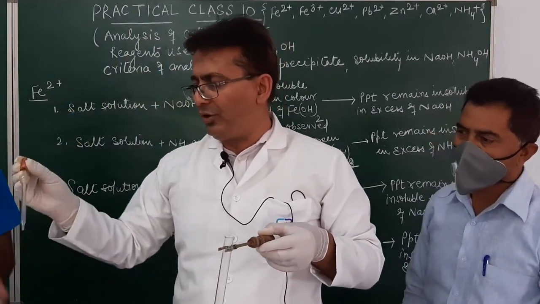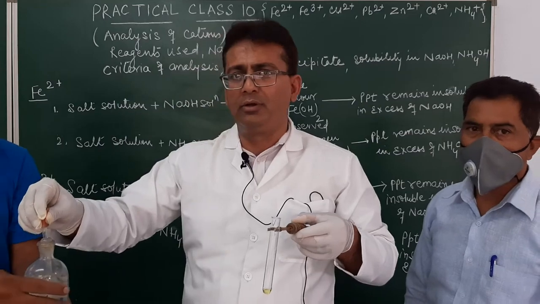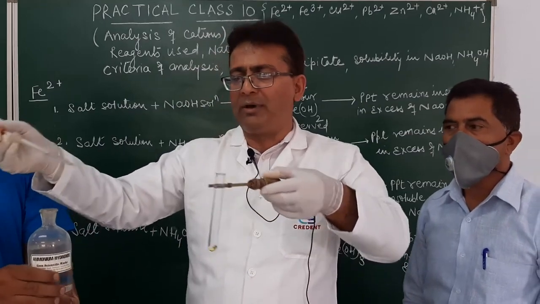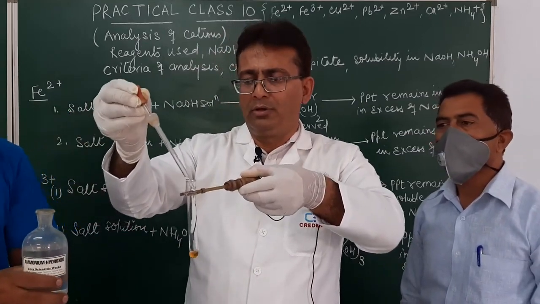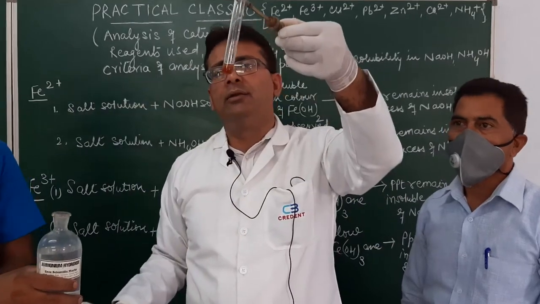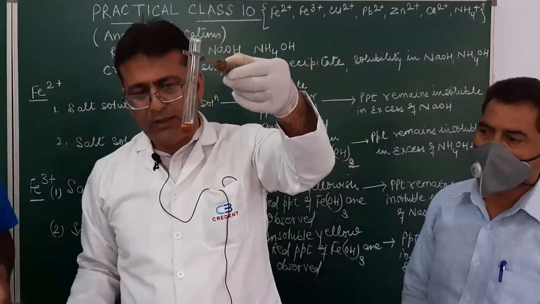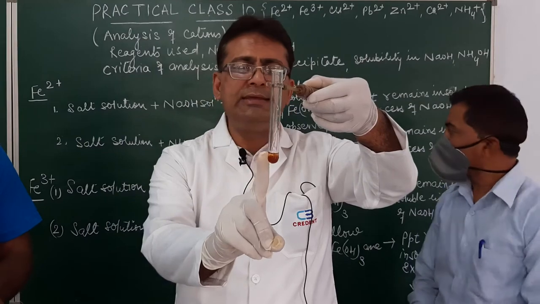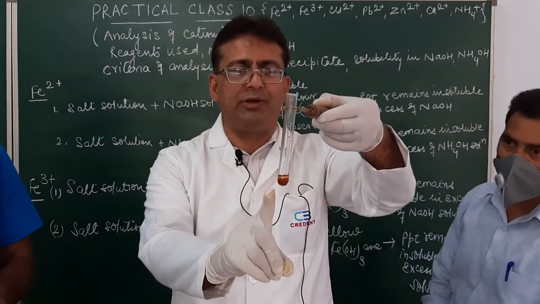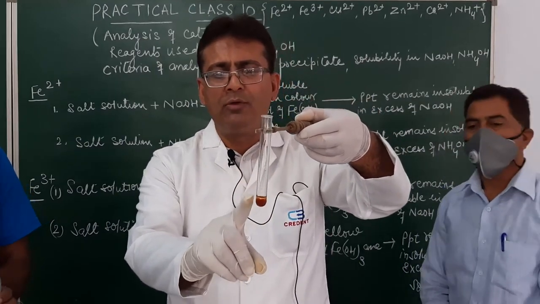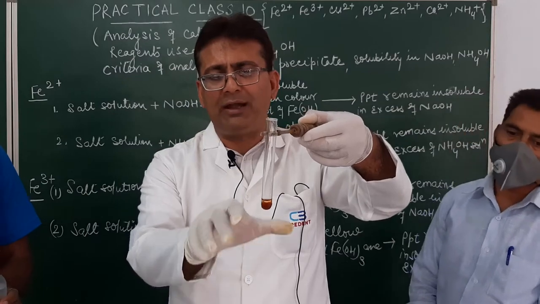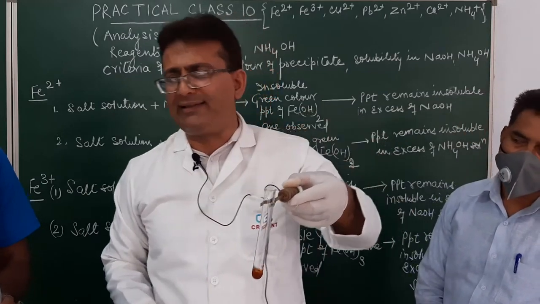Just see over here. When we add ammonium hydroxide, what is observed? A yellowish red color precipitate will be observed, and this precipitate, as you can see, is settling down.